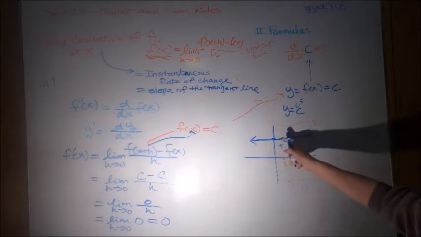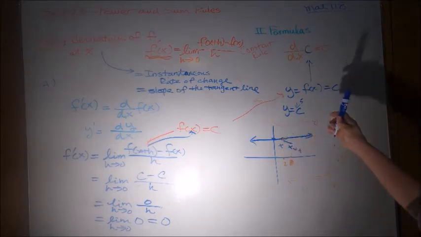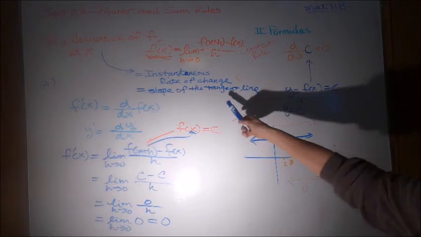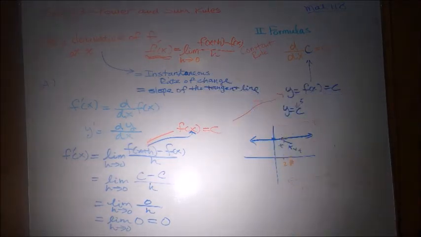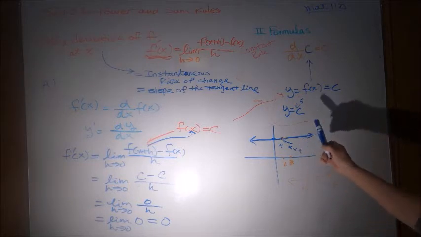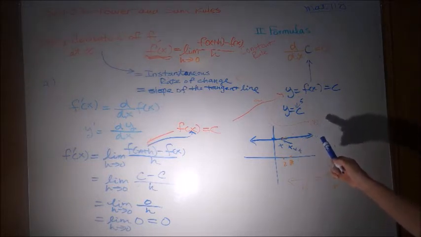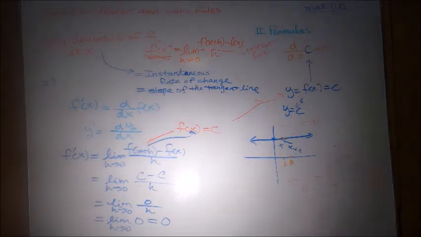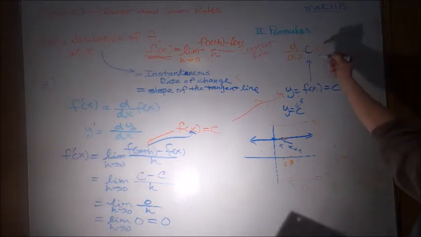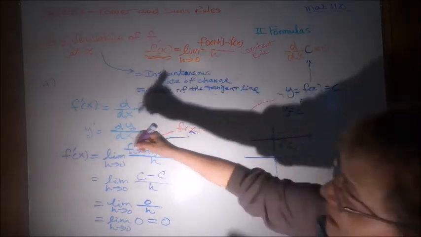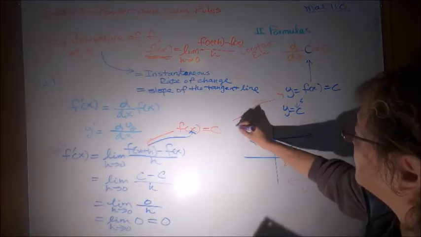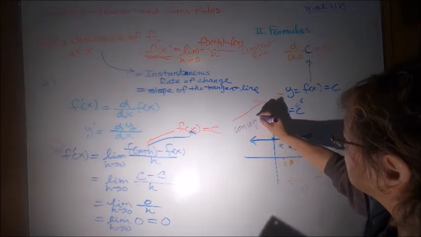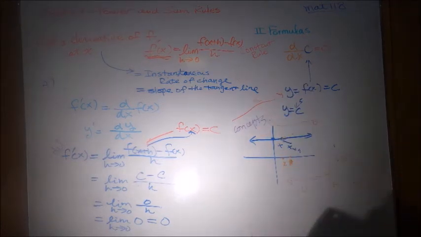And for this one, we use the concepts of instantaneous rate of change and the slope of the tangent line. The result is still 0, right? Now, let's talk about using the rules. This one is from the definition. This one is from the concepts.